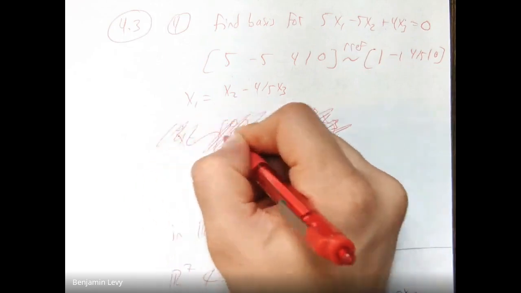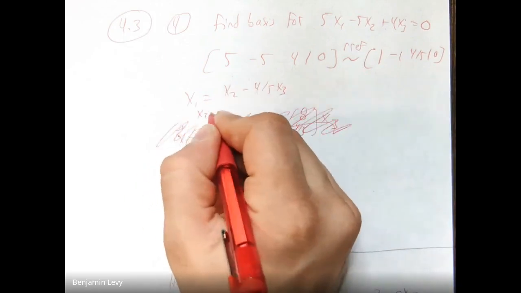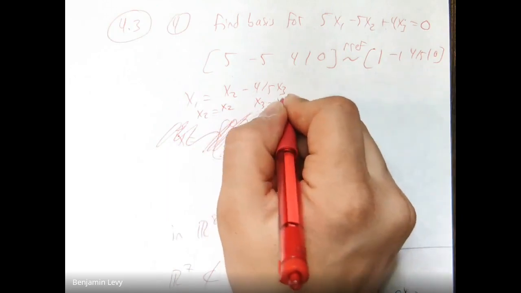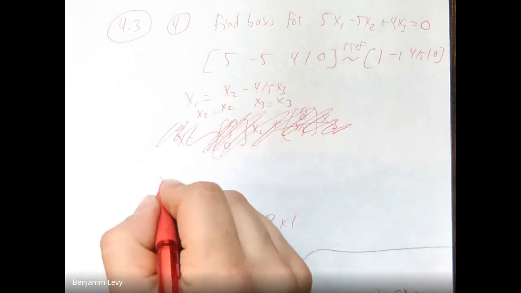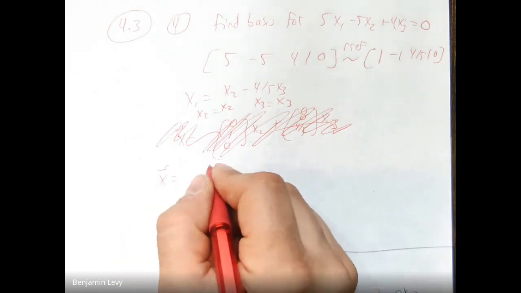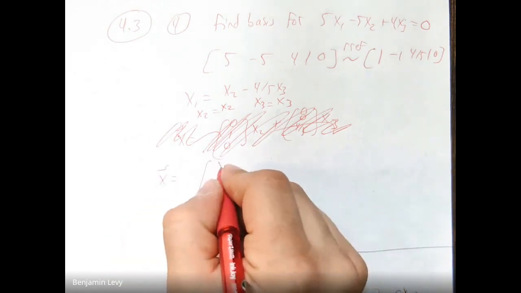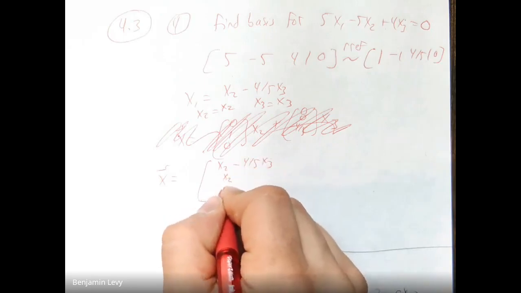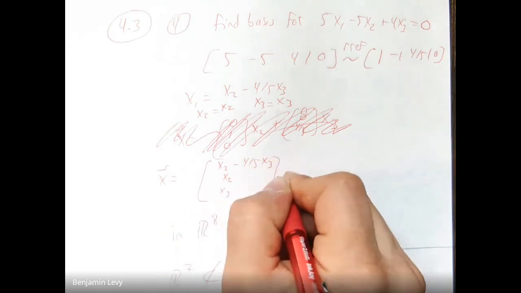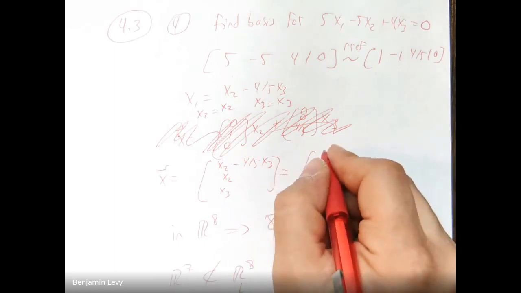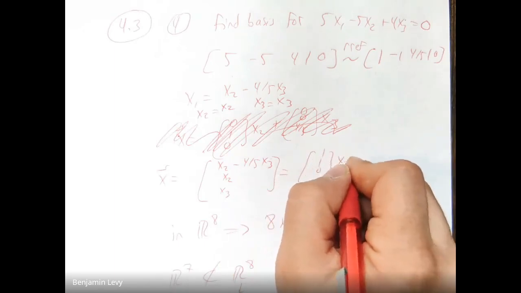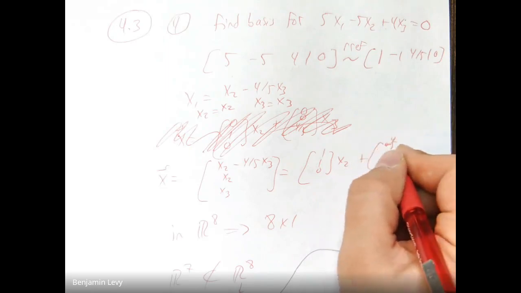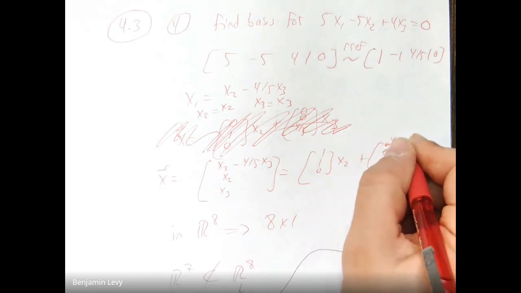Right, so you do that. That's the x1 value. This is the x2 value because it's free, and this is the x3 value. Then we write down the solution. It'd be x2 minus 4/5 x3, x2, x3, which equals 1, 1, 0, x2 plus minus 4/5, 0, 1, x3.